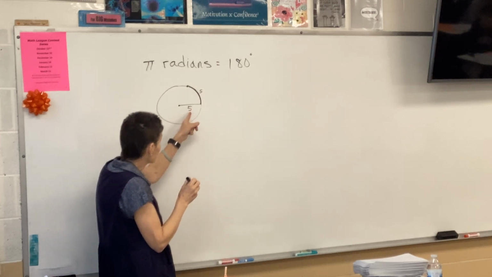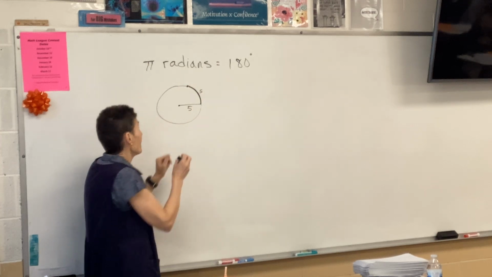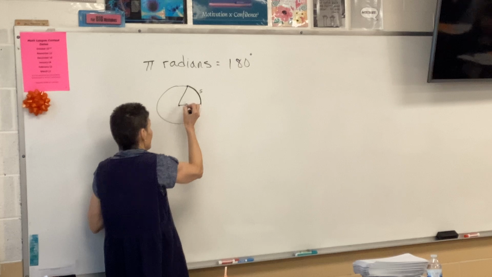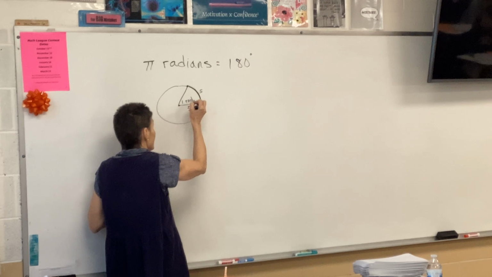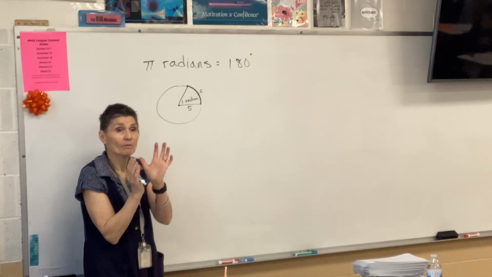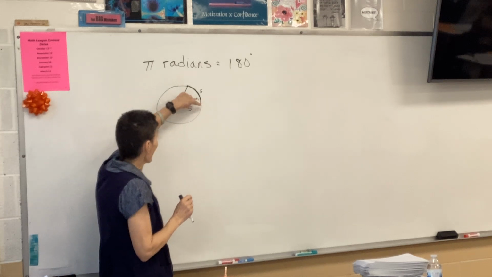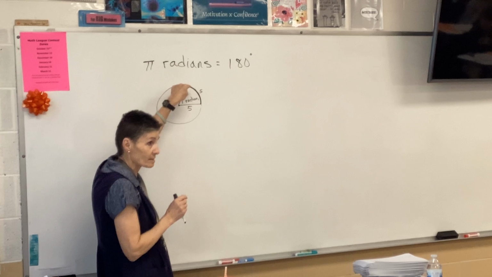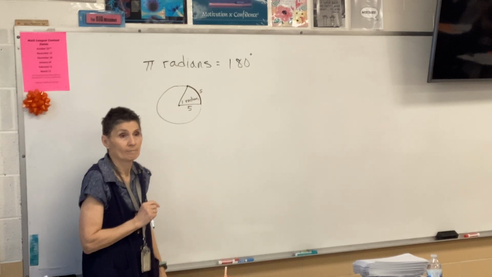So if the radius was 6, that would be 6. That angle formed is 1 radian. A radian is the angle that's formed when you wrap a radius around the circle.